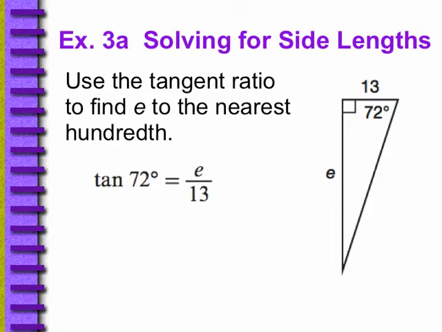It's opposite over adjacent. Now you can solve for E by rewriting this as a multiplication problem. You can type that into a calculator, and you get approximately 40.01 units.